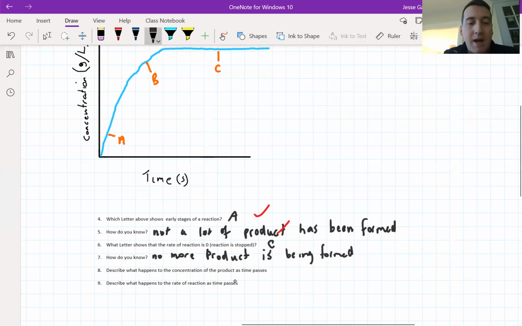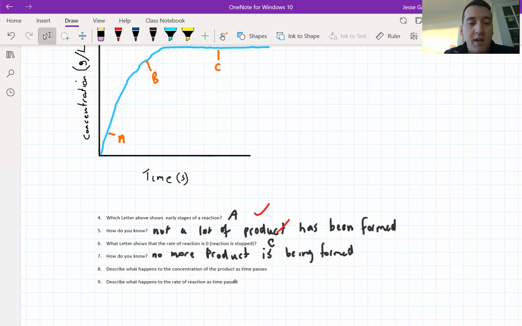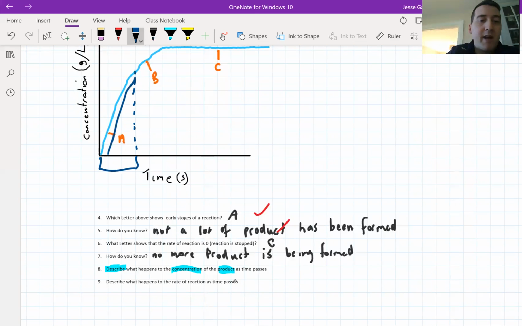Next one, describe what happened to the concentration as time passes. You have to describe, using words, what happens to the concentration of the product as time passes. So break it into little sections. As the first bit of time passes, what's happened here? Then another bit of time goes by, what happens here?